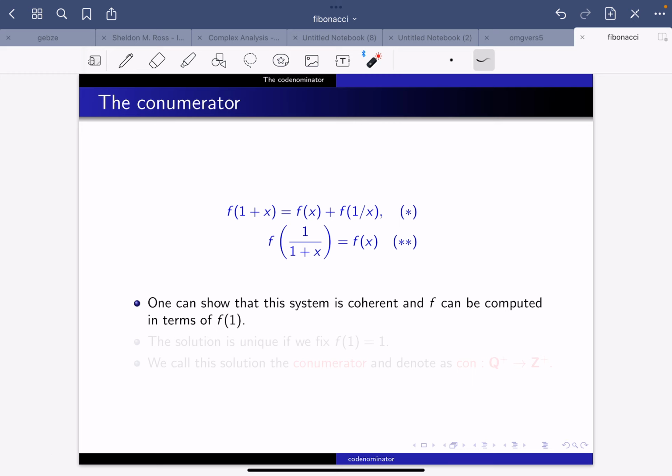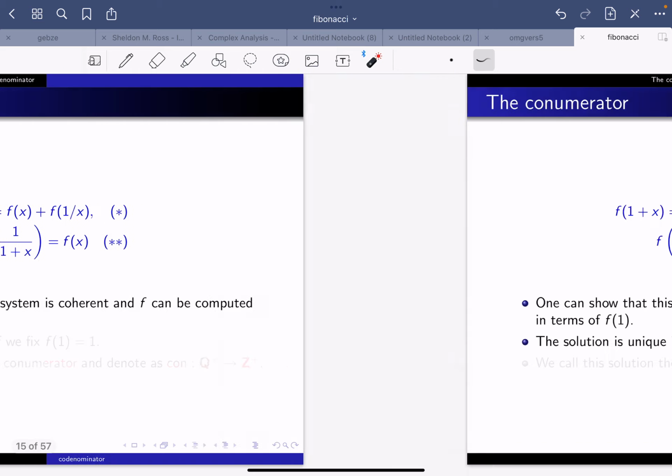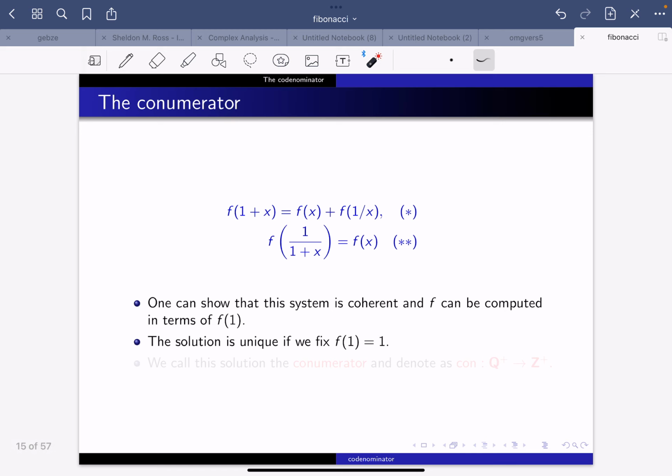One can show that this system is coherent, first of all. So it admits a solution. And once we define f of 1, then we can compute f in terms of f of 1. So the solution is unique if we fix f of 1 equals 1.